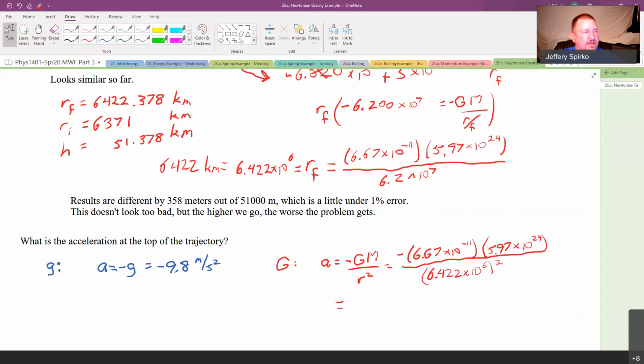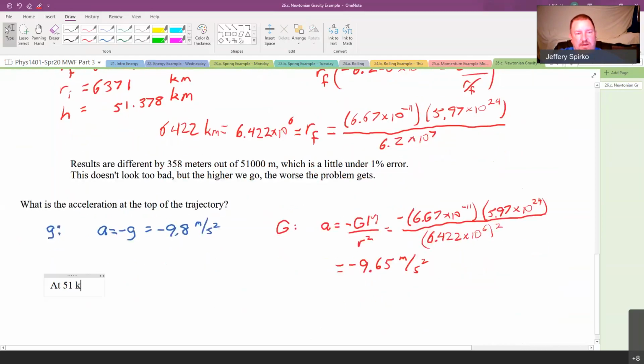So this is minus G times mass of Earth divided by the radius squared. Minus 9.65 meters per second squared.